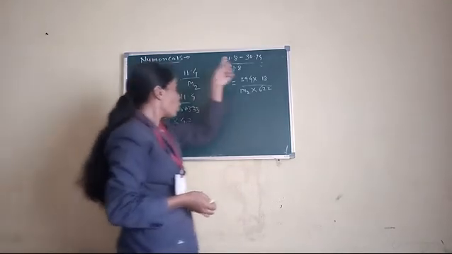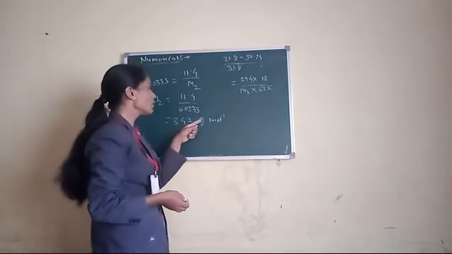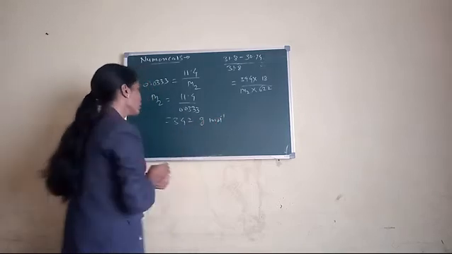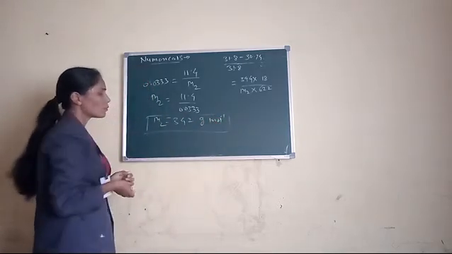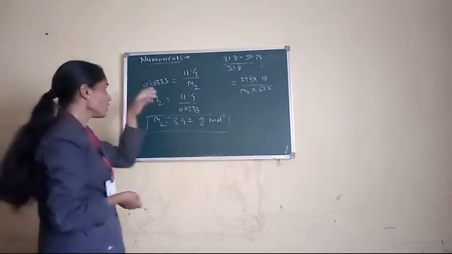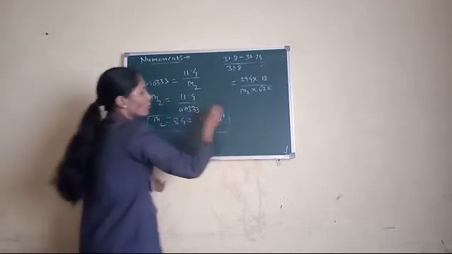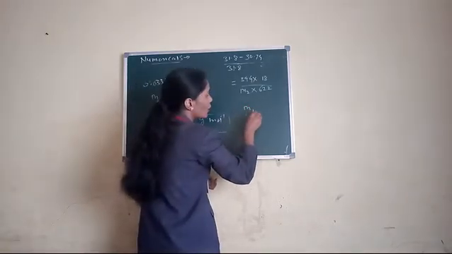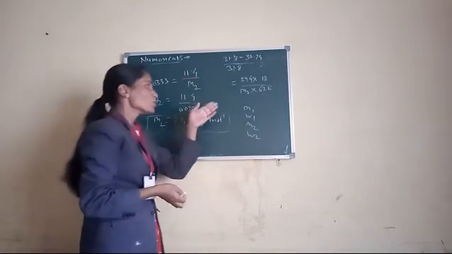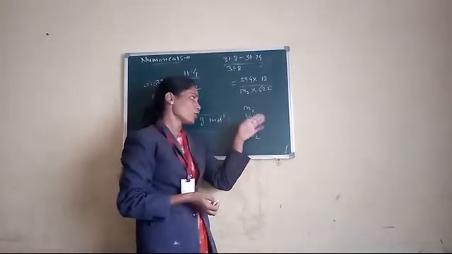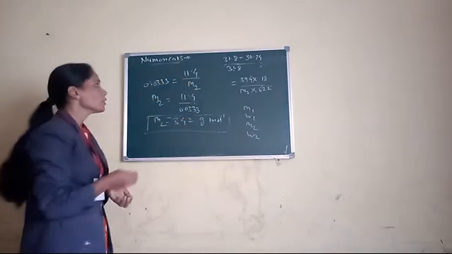By adding all the units and cancelling, the last unit we get is gram per mole. Gram per mole is the unit of molar mass of M2. Here the important thing is to find out the meaning of M1, W1, M2, W2, which are the mass of solute, mass of solvent, molar mass of solute, and molar mass of solvent.